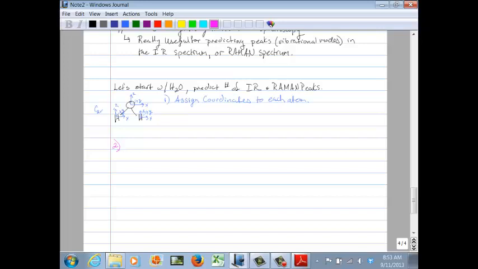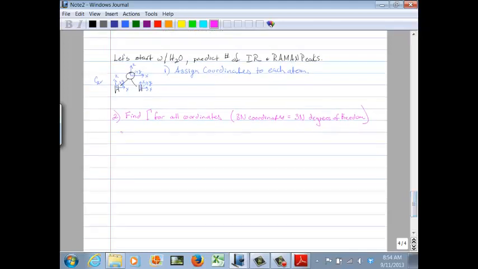So we're going to determine how these coordinates transform in the point group of the molecule. So remember, for a molecule with n atoms, you have 3n coordinates, and that corresponds to 3n degrees of freedom.